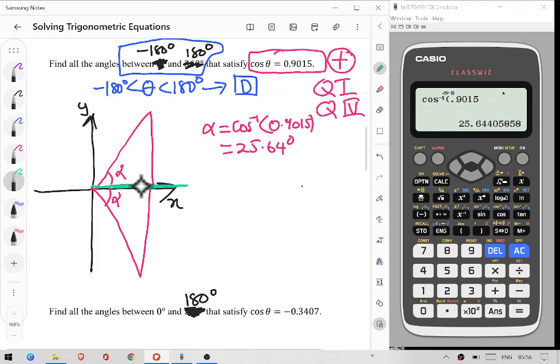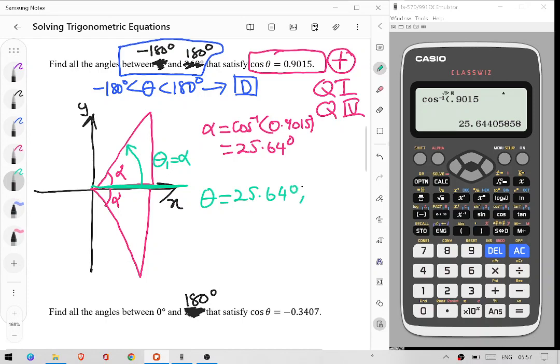The first one on top is very close to our starting line, so we hit the first triangle. So theta 1 equals alpha. Alpha is 25.64.